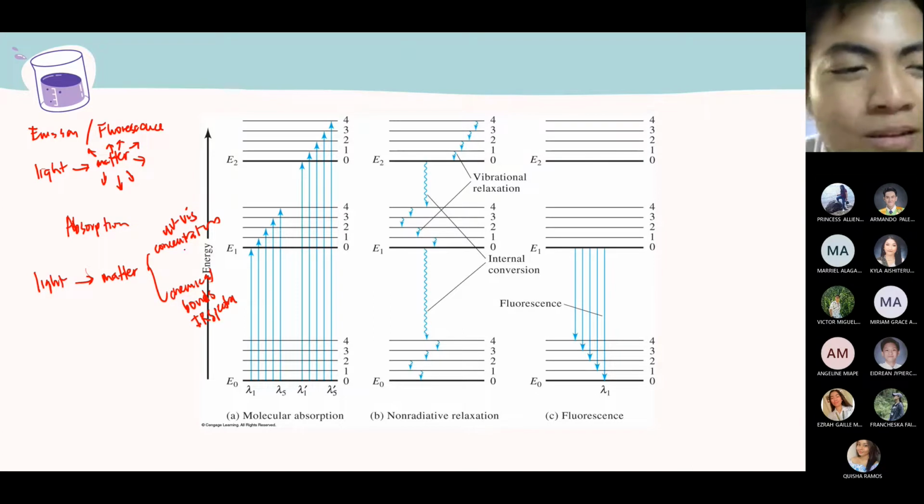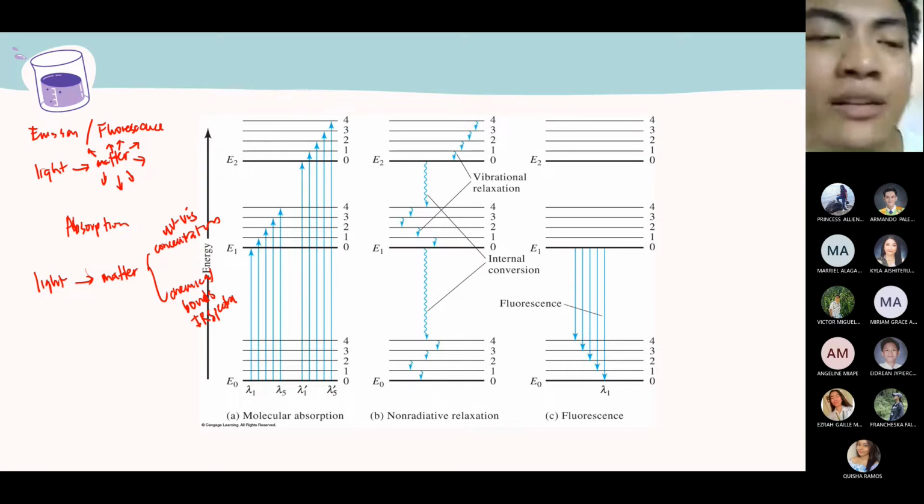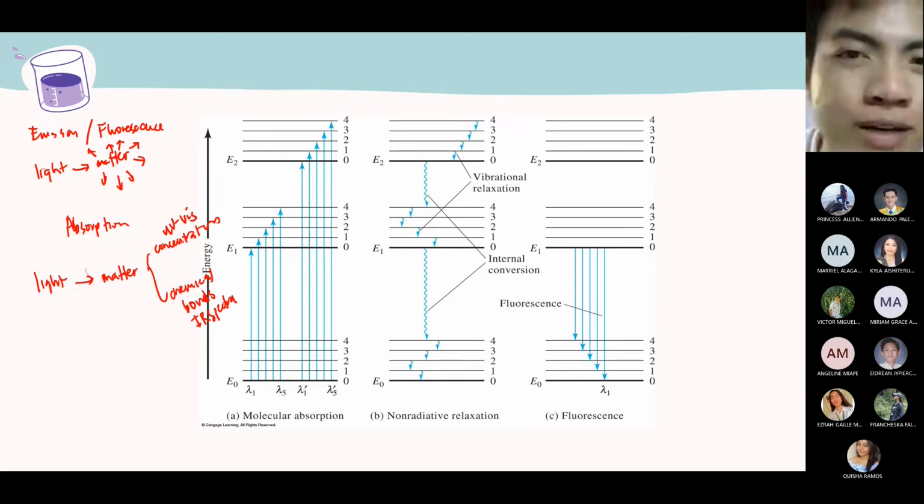Depending on the type of light you use, for example UV-vis or IR, you can tell either the concentration or the chemical bonds present.